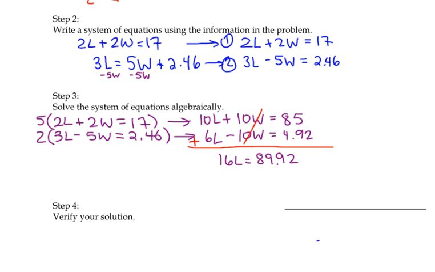Divide both sides by 16. You should get L equal to, what did somebody get there? 5.62. That's correct. And then we sub L equals 5.62 into either equation. I'll do it into 1.